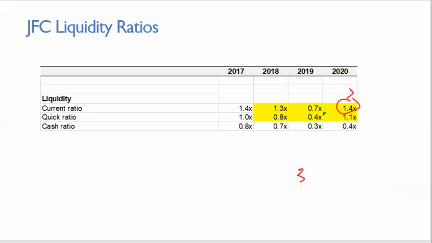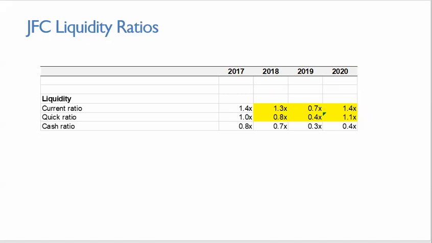Because if you see the trend, pababa na talaga, 2017 pa lang. So that's why I'm sure 2020 was really their fundraising year. So that's how we interpret those ratios.